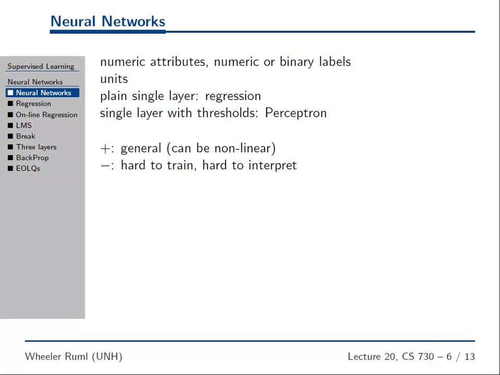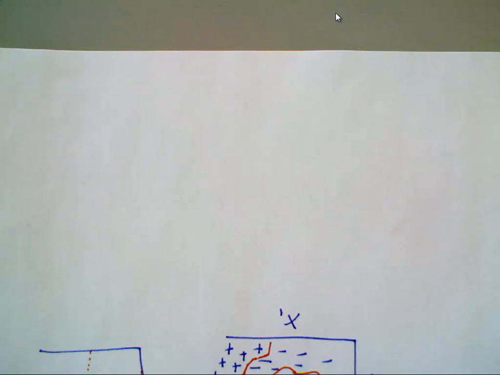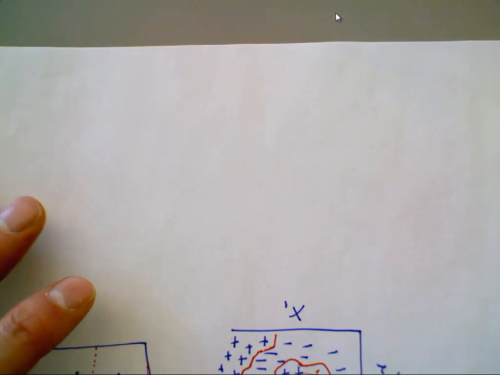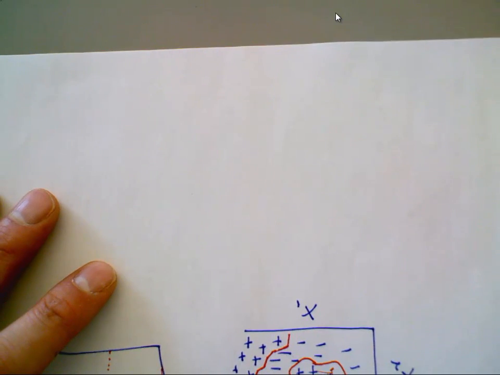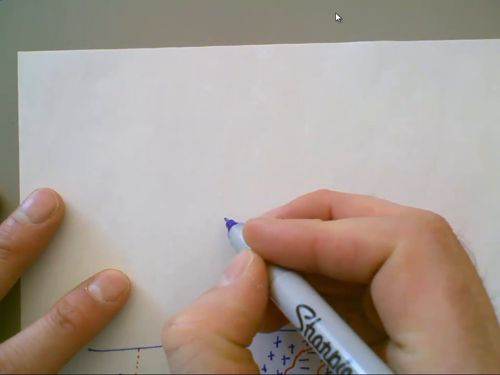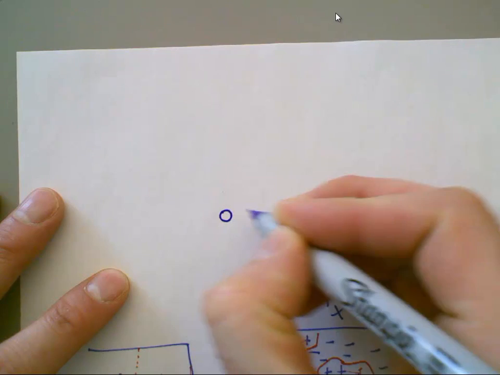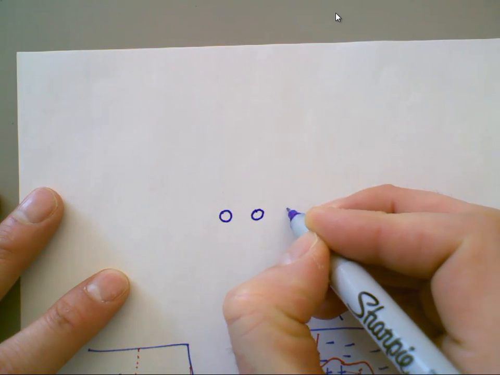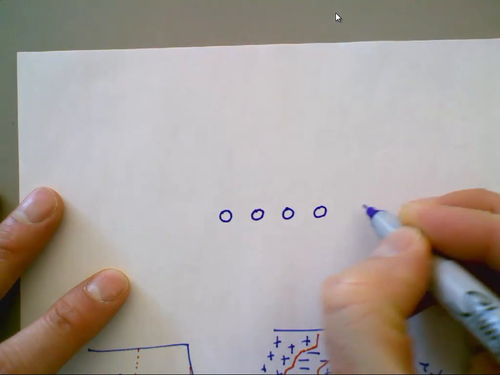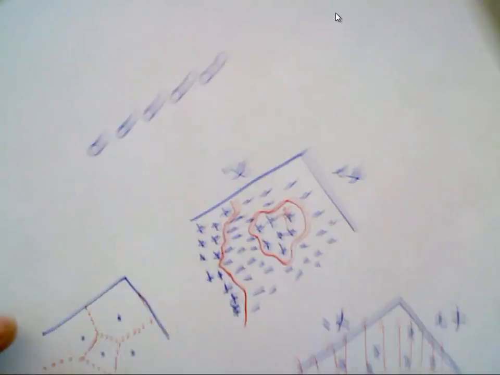And let me draw a picture. People often draw pictures when they're talking about neural nets. We're going to have a whole bunch of neurons. You guys know what neurons look like? Yeah, exactly.